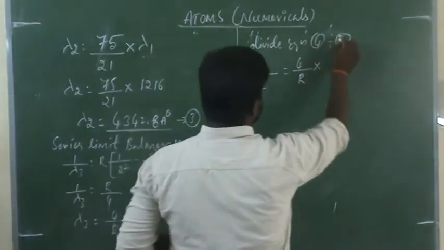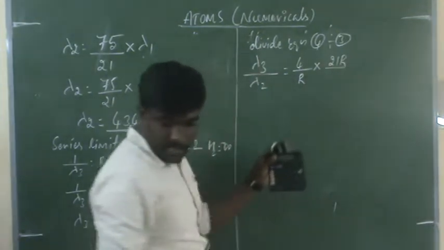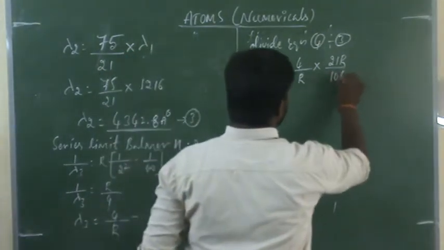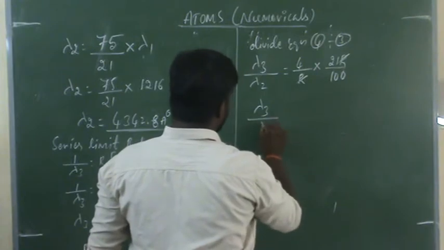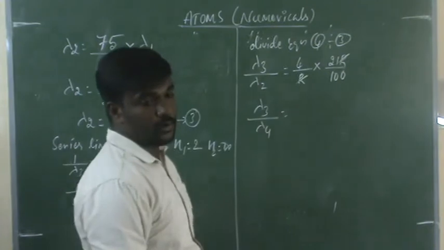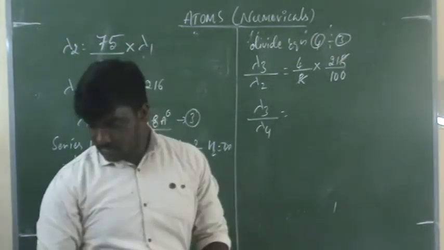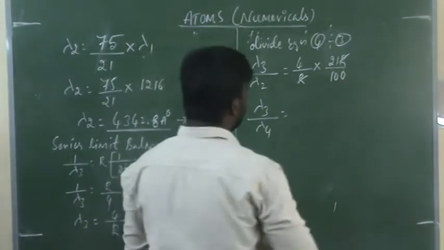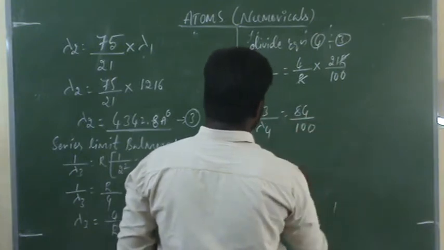Equation 2 means 21R divided by 100. R gets cancelled. Lambda 3 by lambda 2 is equal to 21 into 4, which is 84, divided by 100.